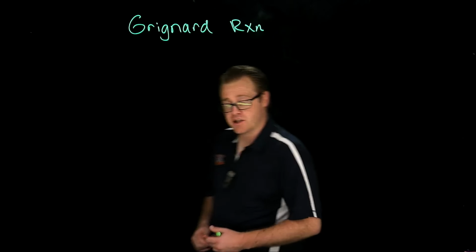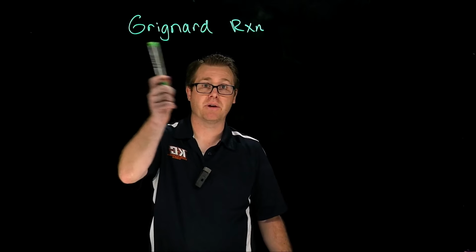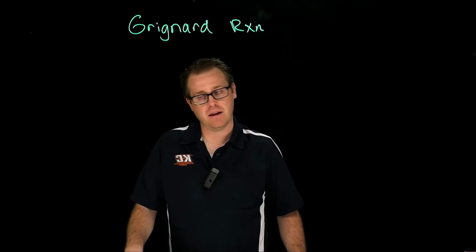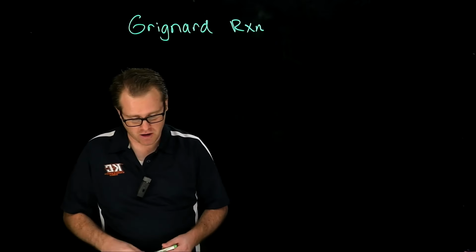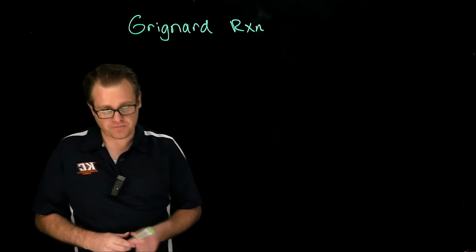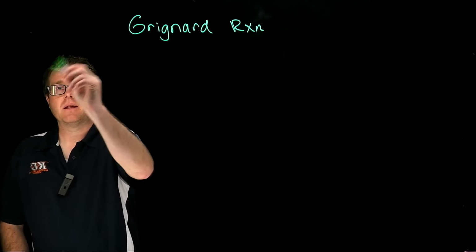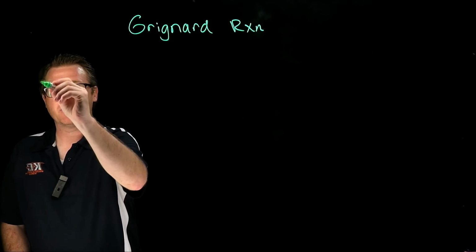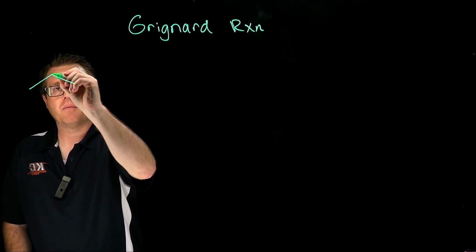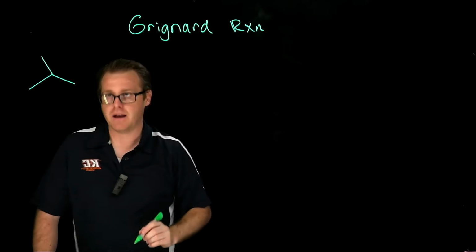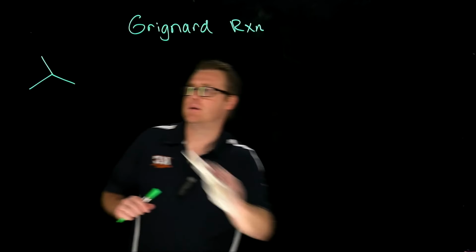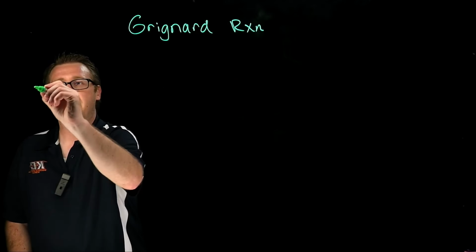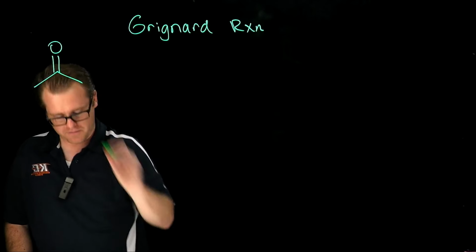The next reaction that we want to talk about is something called the Grignard reaction. A Grignard reaction is a way to make tertiary alcohols. So for example, the overall process is where you have a ketone.